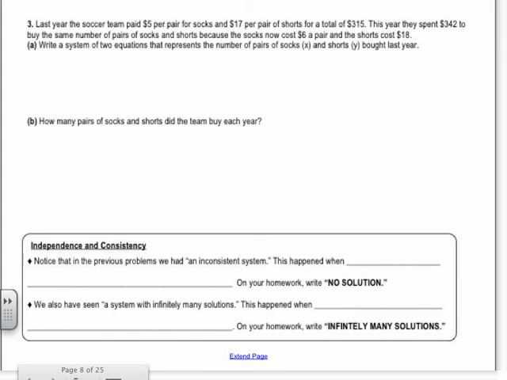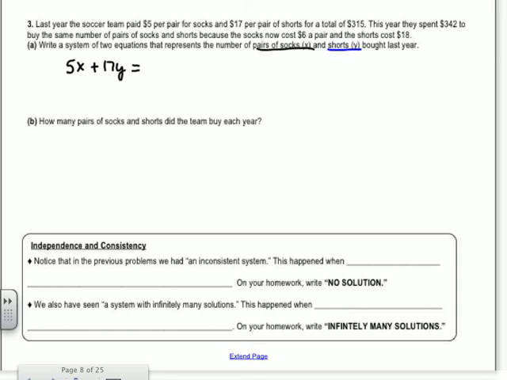Okay, so let's talk about last year first. So I bought X pairs of socks. So that means I paid 5X just for socks, because they were $5 per pair. I bought Y shorts. So that means that I paid 17Y for all of the shorts together.